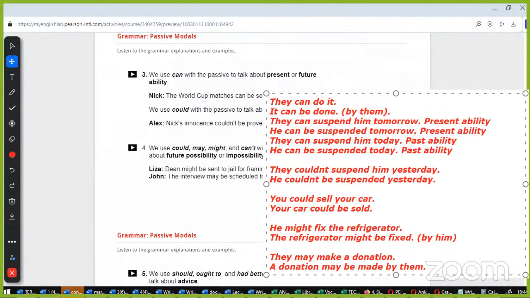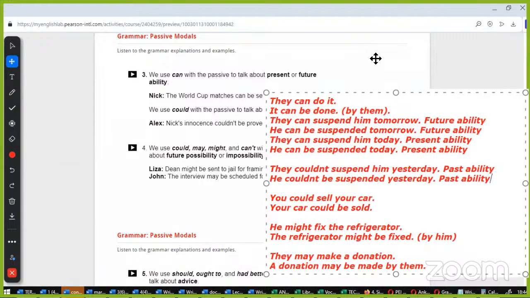Past ability. Sorry, future. This is future. I'm sorry. Future. This is future. This is present. This is present. This is past. This is past. Okay.